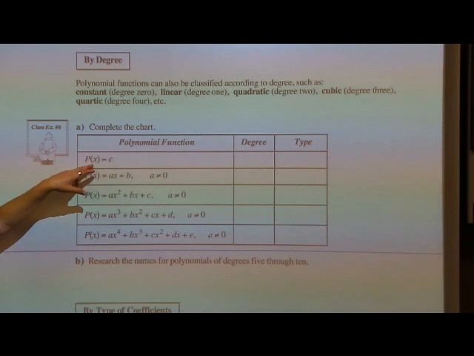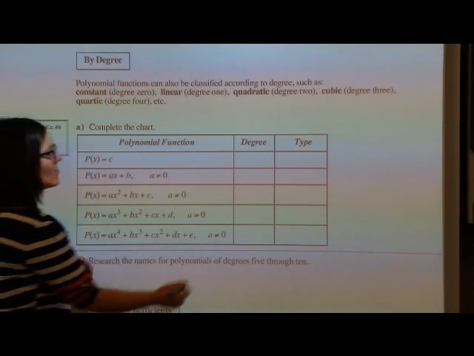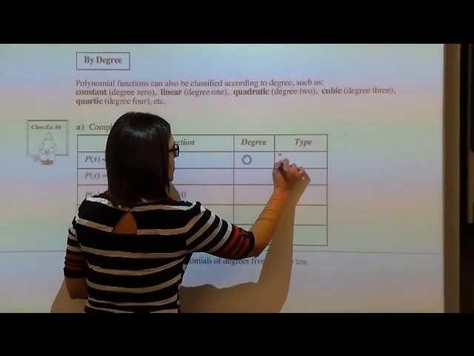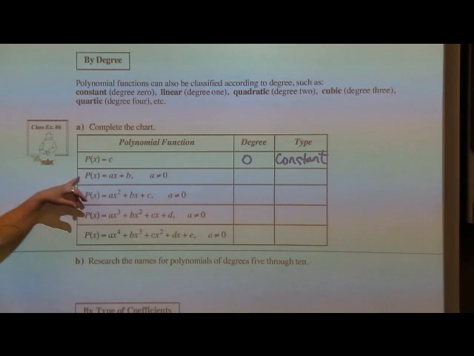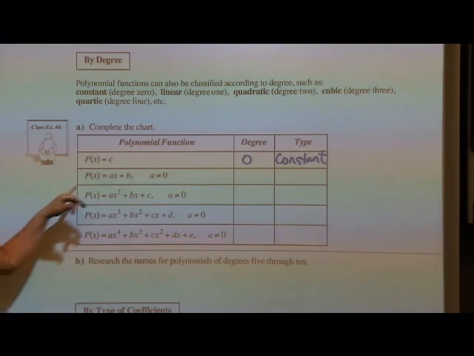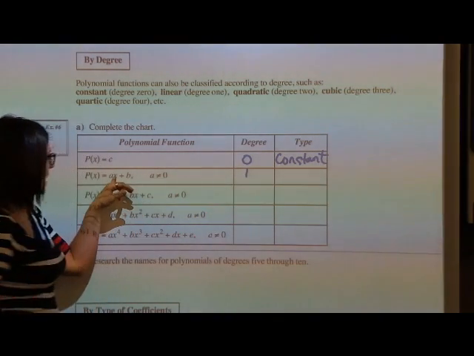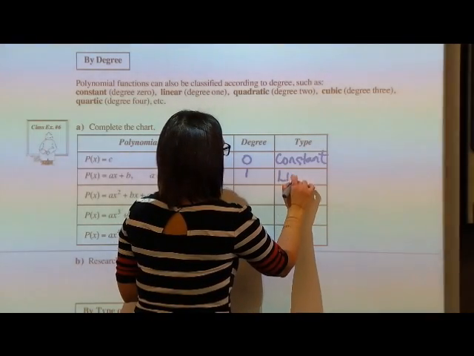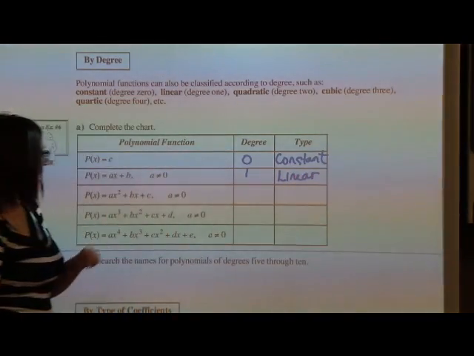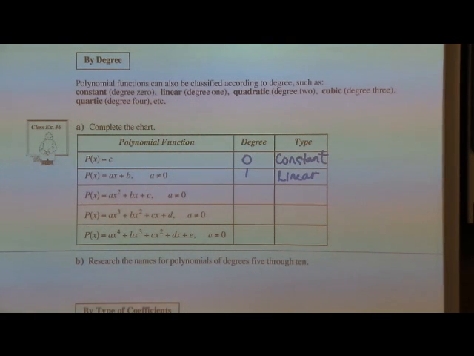So if I have p of x equals c, this is a constant function. It's going to have a degree of 0, and it's going to be a constant. P of x equals ax plus b, so that's my mx plus b. That has a degree of 1 because my exponent is a 1, and this is linear. Ax squared plus bx plus c has a degree of 2.